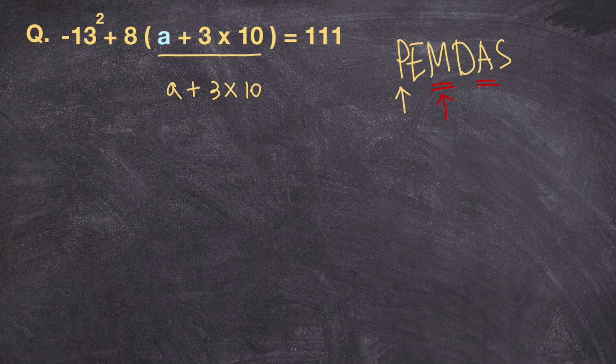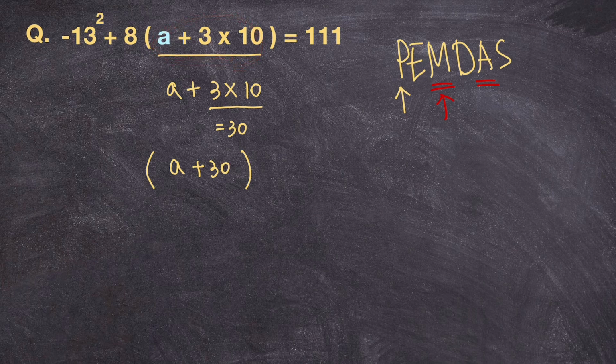So what I'm going to do is I'm going to multiply 3 and 10 first, figure out what that is equal to, and then add a. So a plus 30 is the final expression that I can extract from what I have within this parenthesis.